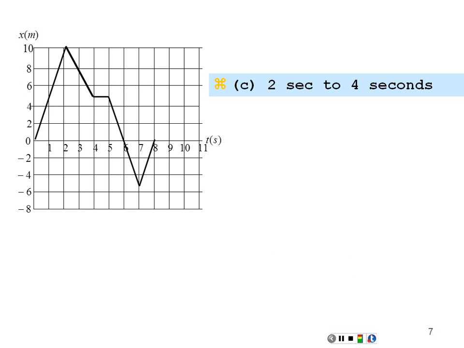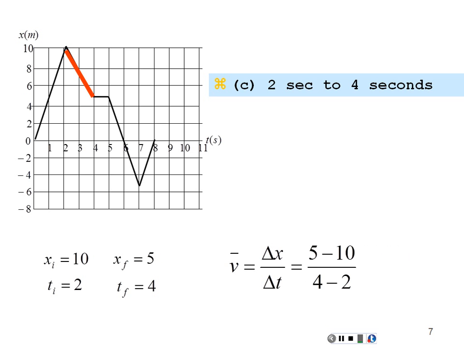What about from 2 seconds to 4 seconds? I'm looking at the slope of this line. My initial position is 10 at t equals 2. My final position is 5 at t equals 4. So my average velocity is my final position minus my initial position, 5 minus my initial position of 10, over my interval of time, 4 seconds minus 2 seconds.